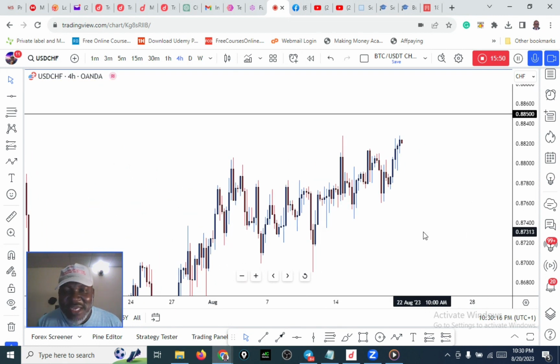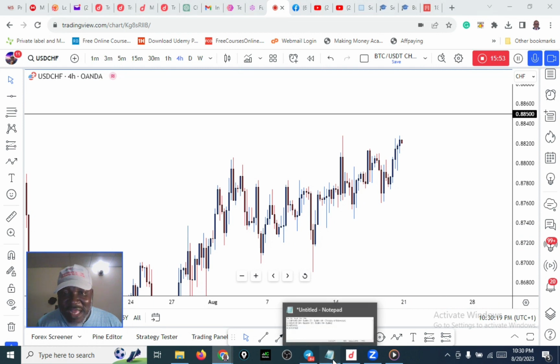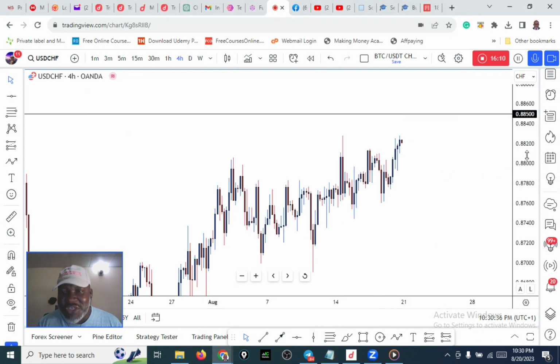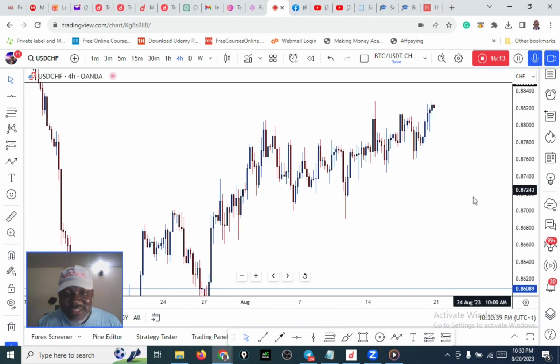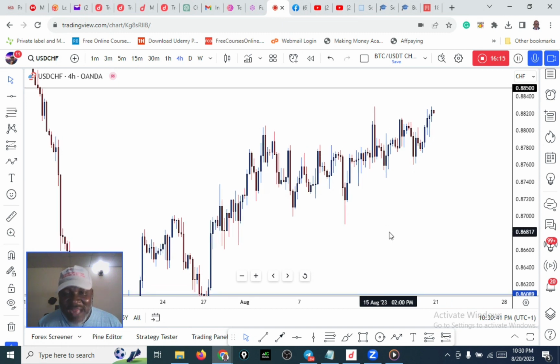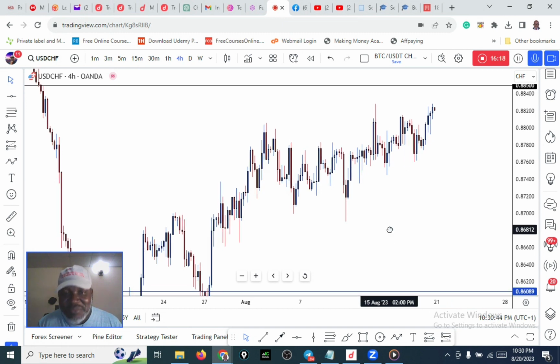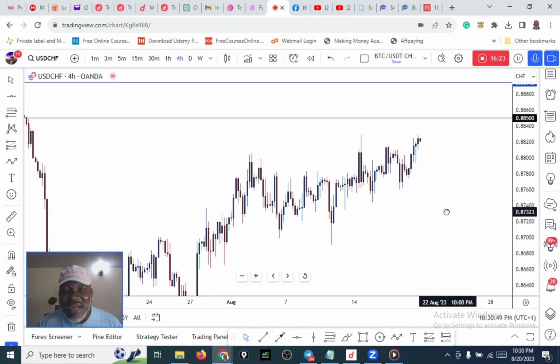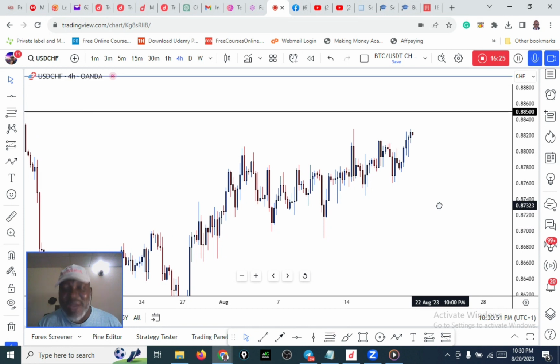Given the directional position of the three time frames, the weekly, the daily, and the 4-hour, I want to conclude that I will look for a bullish trade opportunity, considering that two time frames have aligned to be bullish. So I want to align with the daily and the 4-hour time frame market structure.